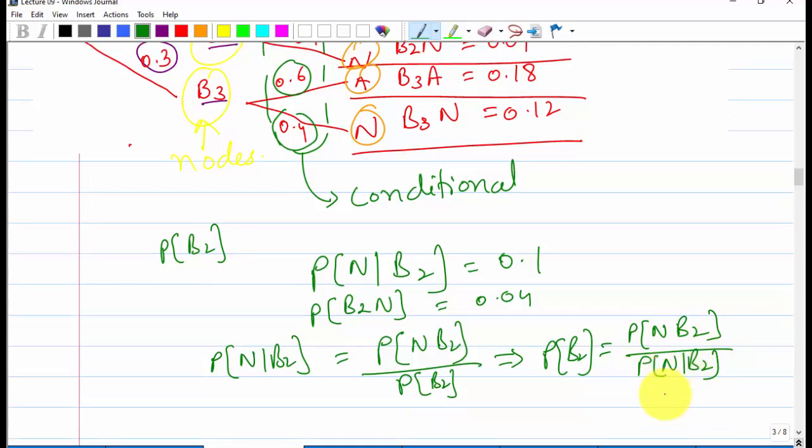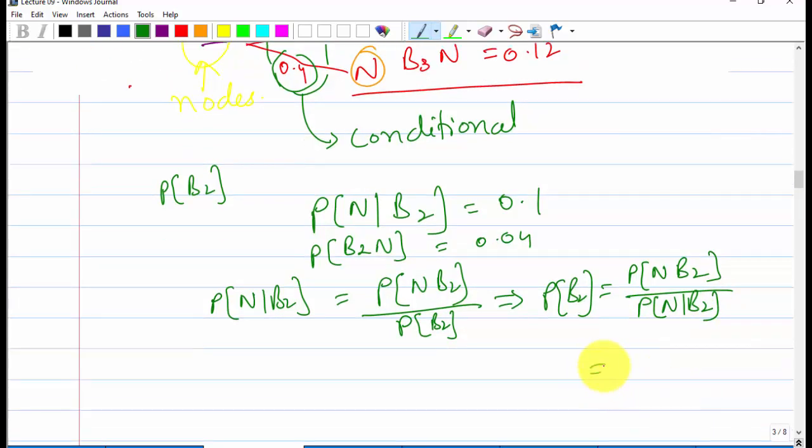We have these two values: the intersection is 0.04, divided by probability of N given B2, which is 0.1, so it is 0.4.